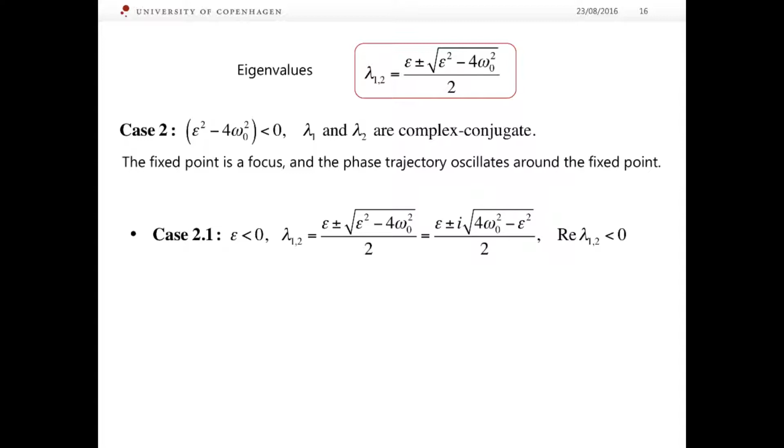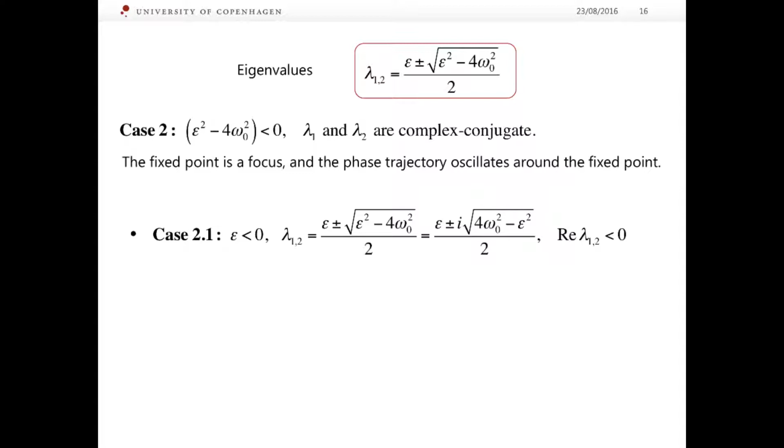So let us represent the expression under the square root as a product of -1 and another expression, 4 omega naught squared minus epsilon squared. This will allow us to rewrite our eigenvalues as follows.